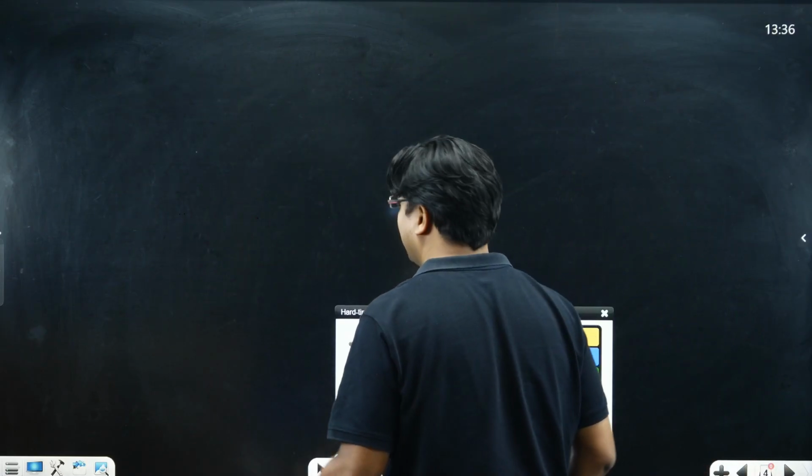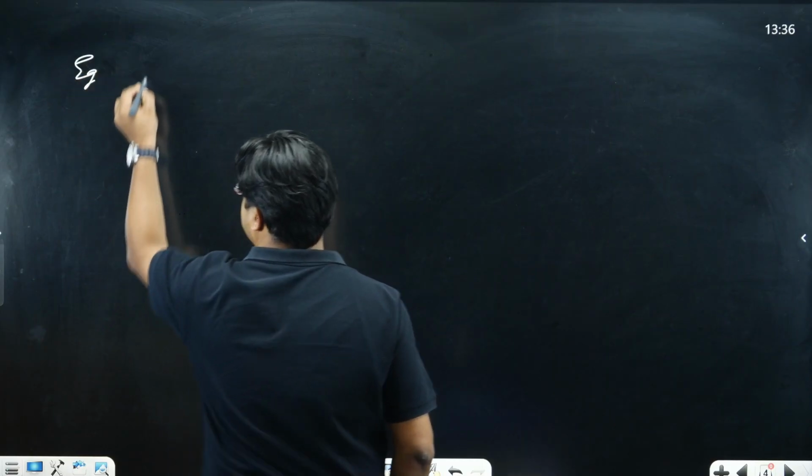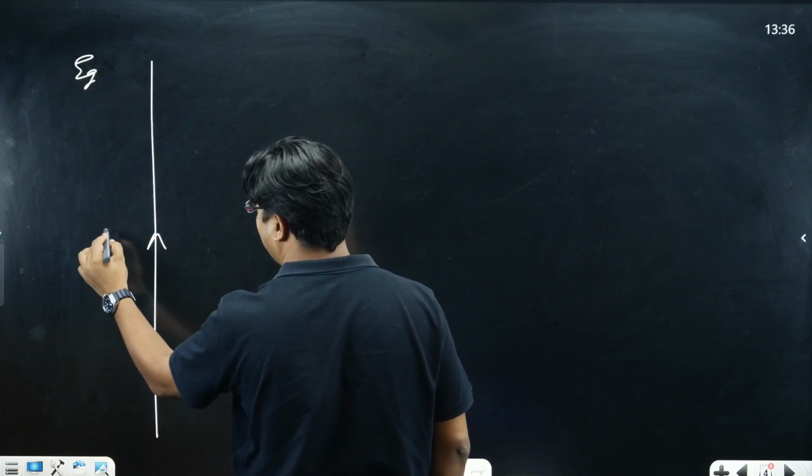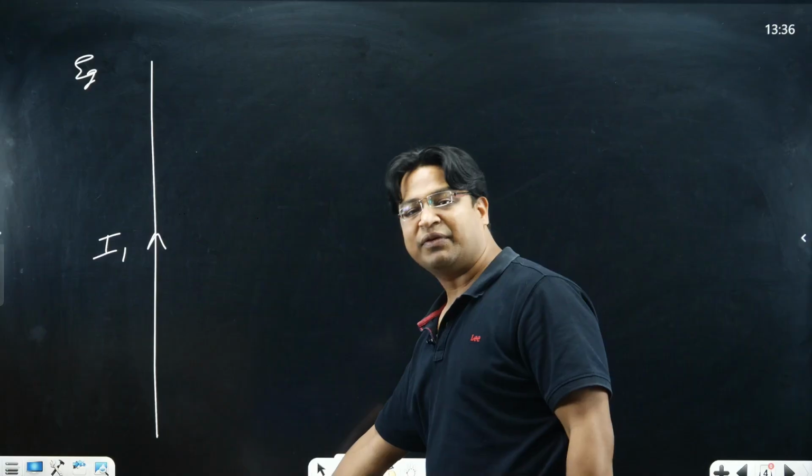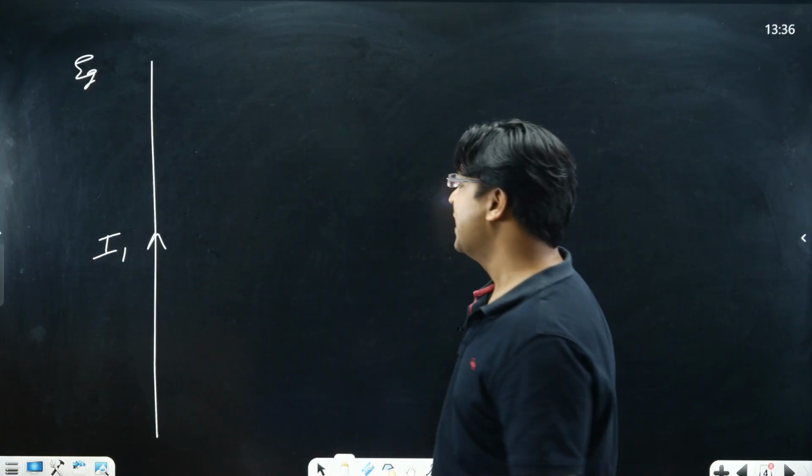Let me start with a very simple situation. There is a wire carrying a current, let's say I1. It is an infinite wire, coming from minus infinity and going to plus infinity.